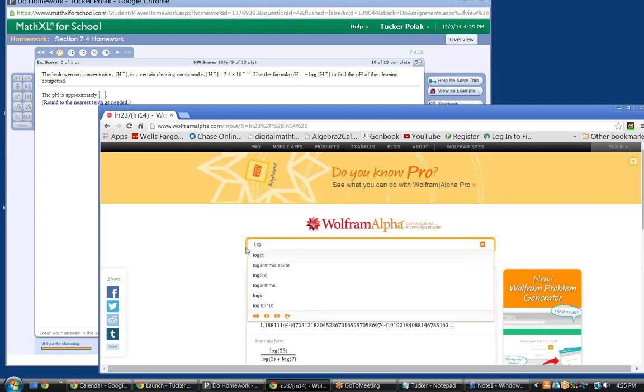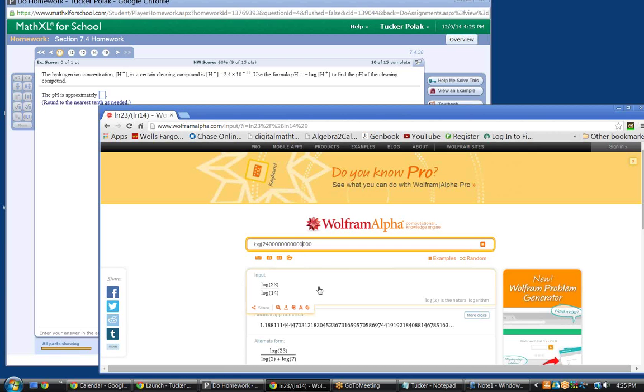So I want the log of 2, 4, 0, 0, 0, 0, 0, 0. We want 11 spaces to the right of the 2. That's 3 zeros, 3 zeros, 3 zeros.